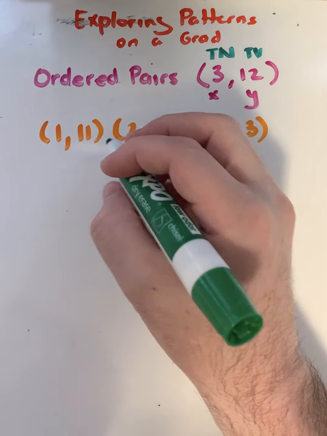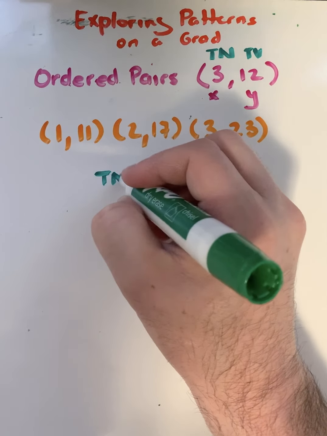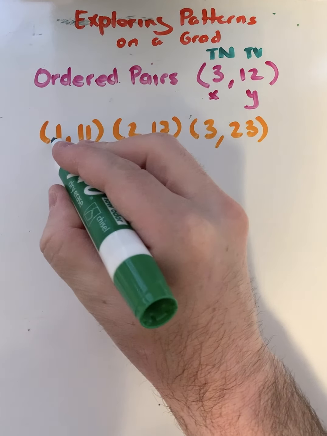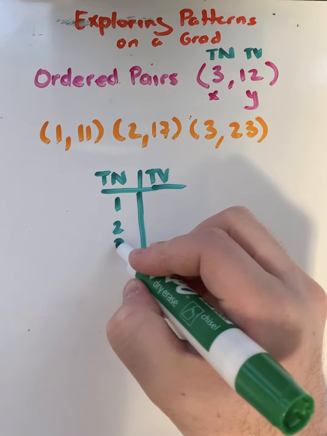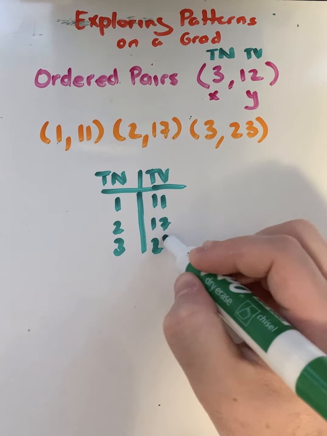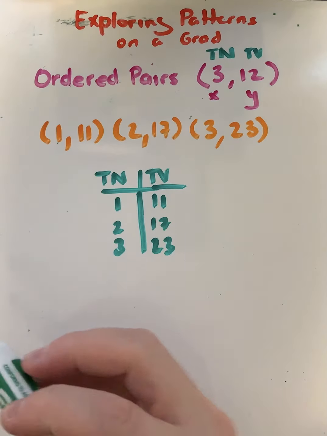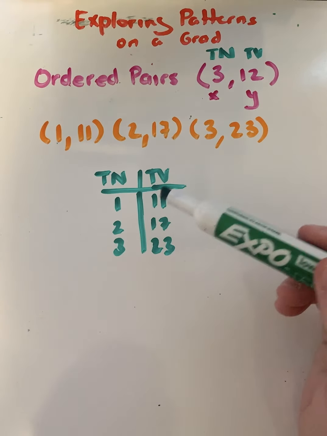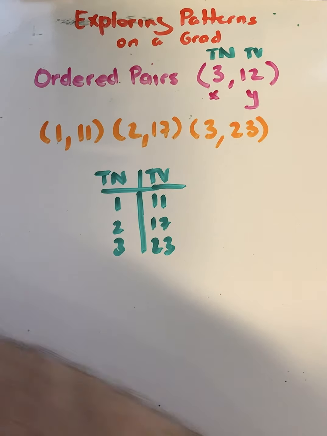If I took this idea and wrote it as a table, I would put the first number in the term number, I put the second number in the term value, and so I might have been asked to graph this or plot it, but I might have also been asked to write the pattern rule.